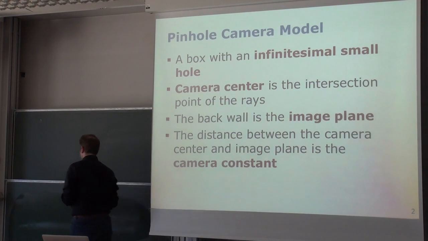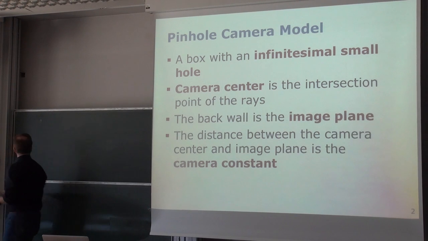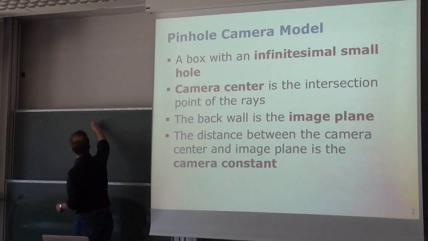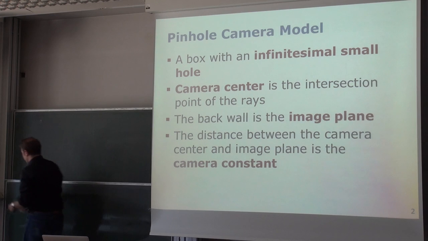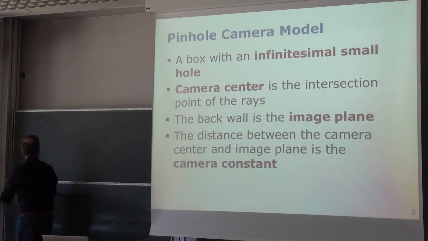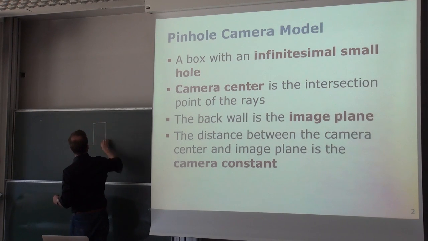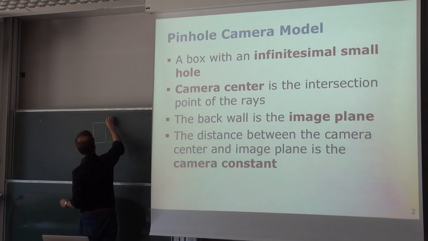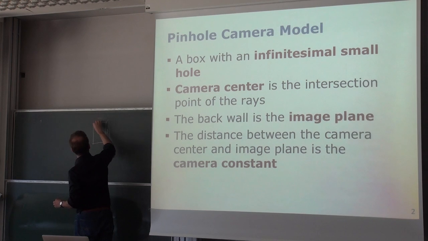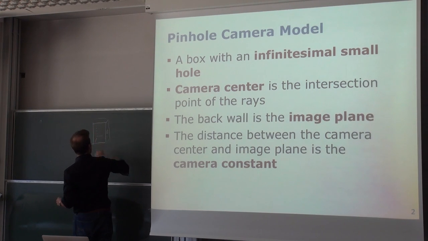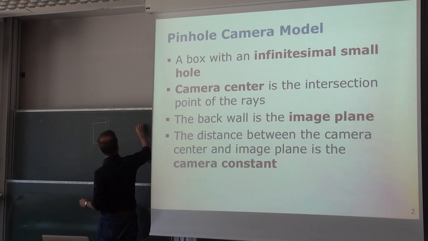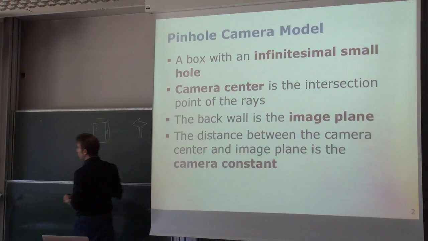Just as a reminder, that was quite a simplified model. You have a box here, which is your camera. There's a small pinhole, something like this. And you have an object in front of your camera, let's say this tree.